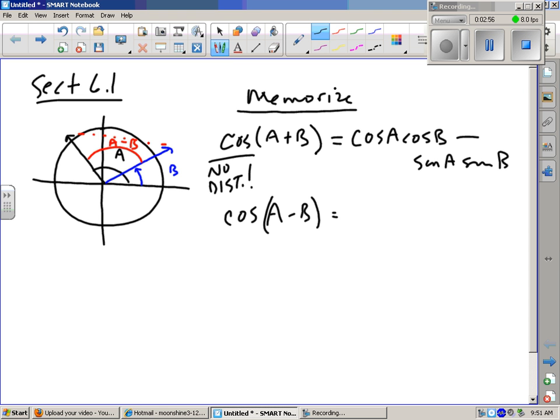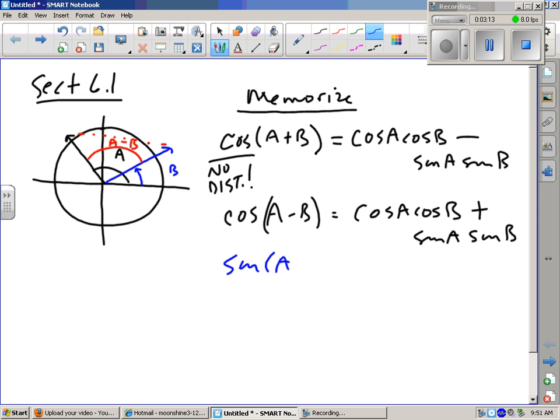And it's very similar to this one, but guess what we're going to change? Still cosine A, cosine B, plus sine A, sine B. All right, so those are the 2 cosine ones. Let's do the 2 sine ones.